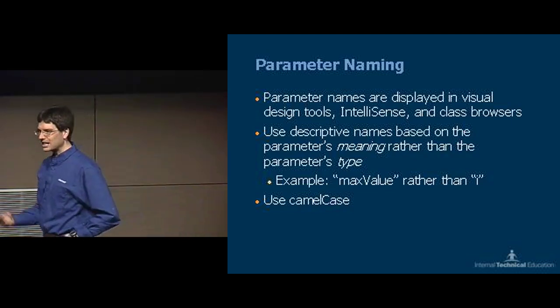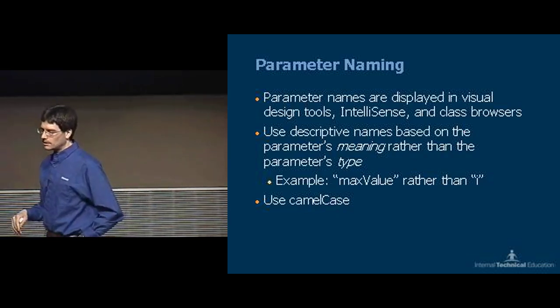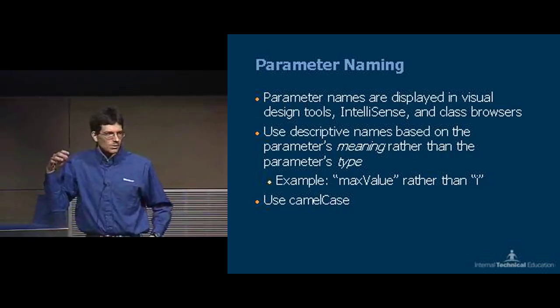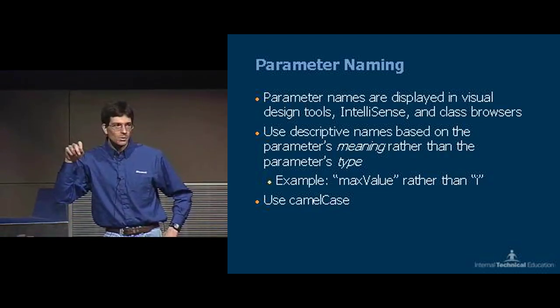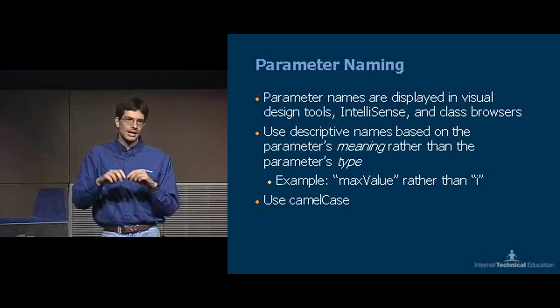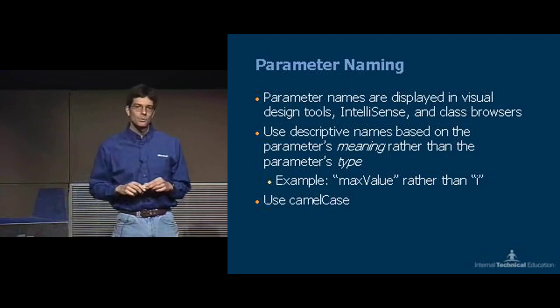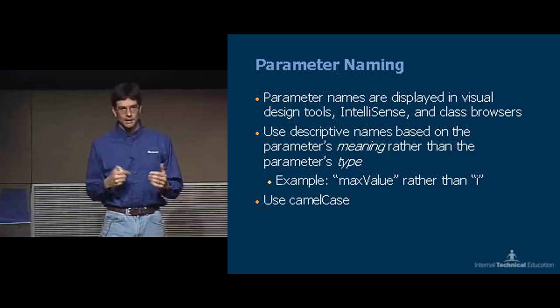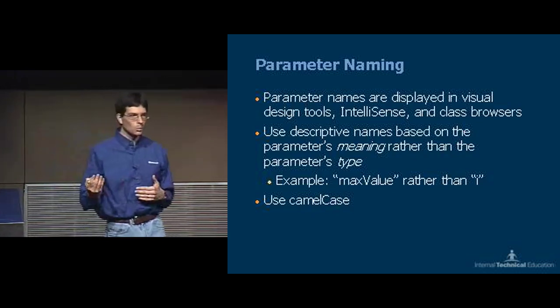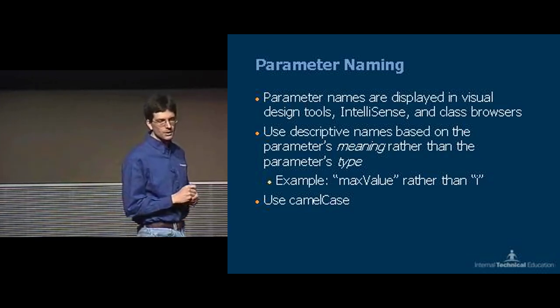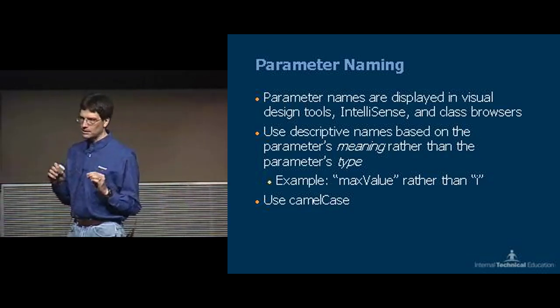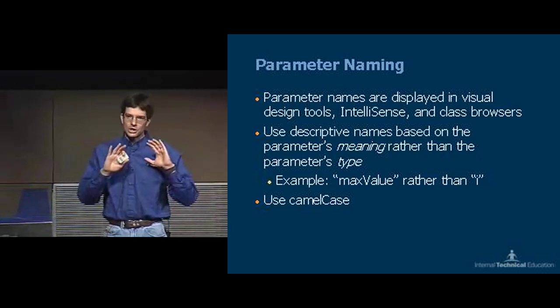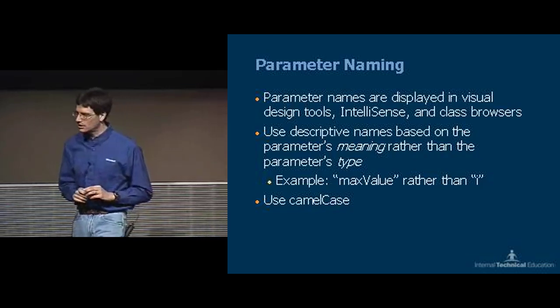So you might think of them like local variables, but it's a breaking change because many languages like Visual Basic support this kind of call by name thing where you actually specify the parameter name at the call site. And when you do that, if you change the name of the parameter, then that method won't bind anymore. So you have to pick good parameter names from the beginning. So I encourage you to use that avenue of communication that you have.